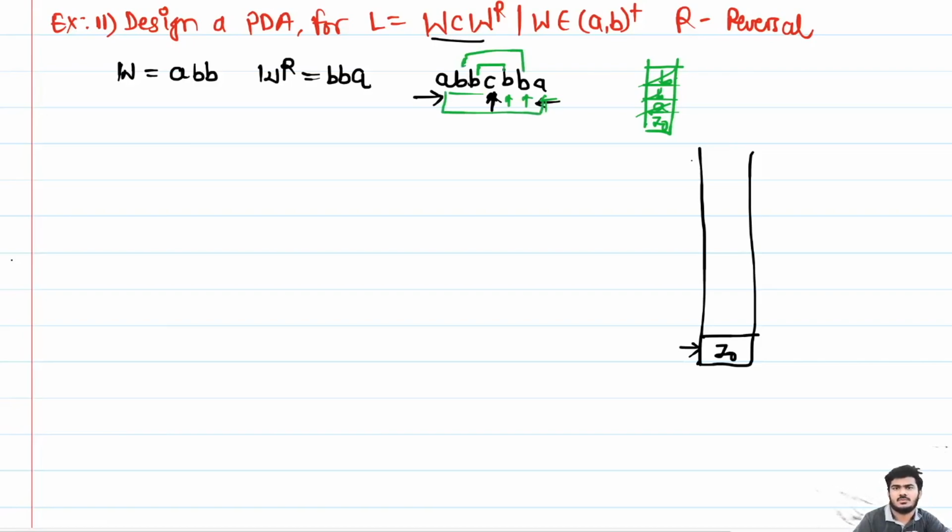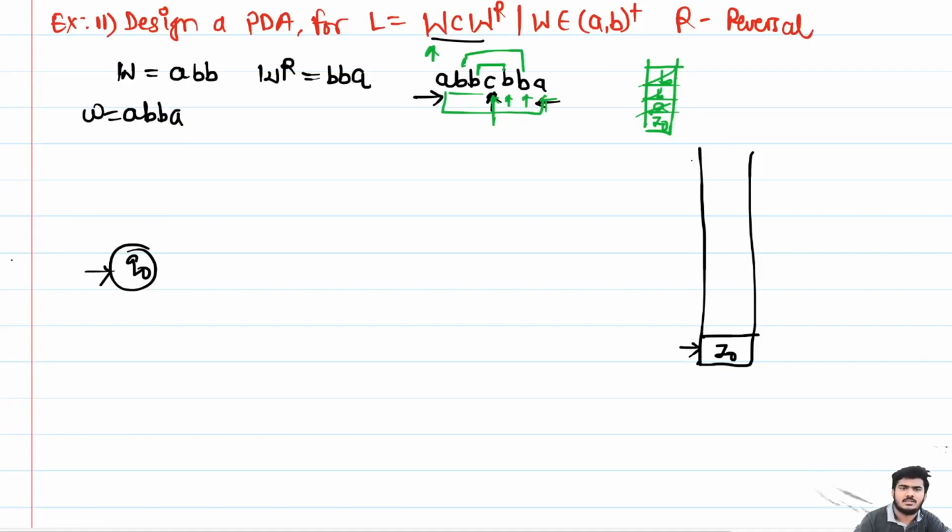So till W is there, whether it is A or B, we don't care, we just have to push till C occurs. Whatever the input is, we push it into the stack till C occurs. My first state is Q0, which is initial, and suppose I get a string like A B B A as the W string.